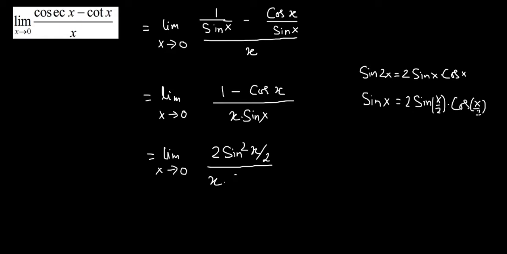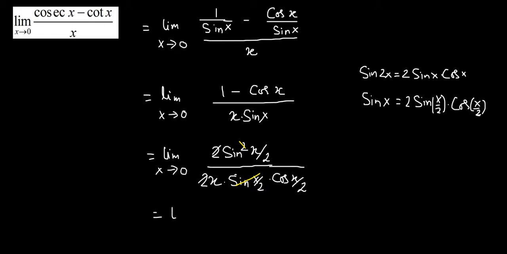So this is the half angle formula. So we have x times 2 sine x over 2 times cosine x over 2. So one of the sine x over 2 gets cancelled out from both the numerator and the denominator, and that's going to leave us with the 2 and 2 also gets cancelled out.